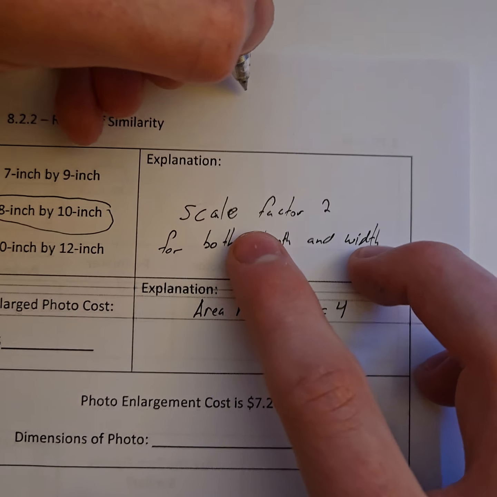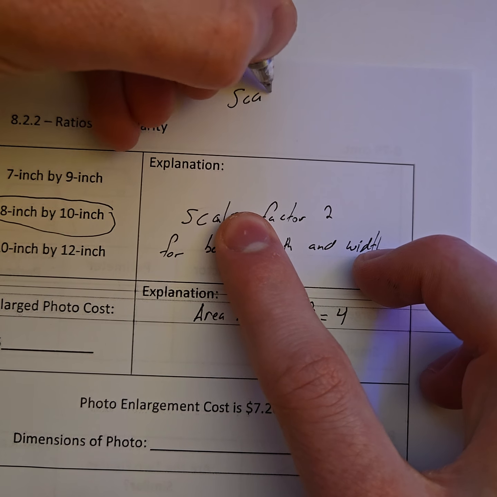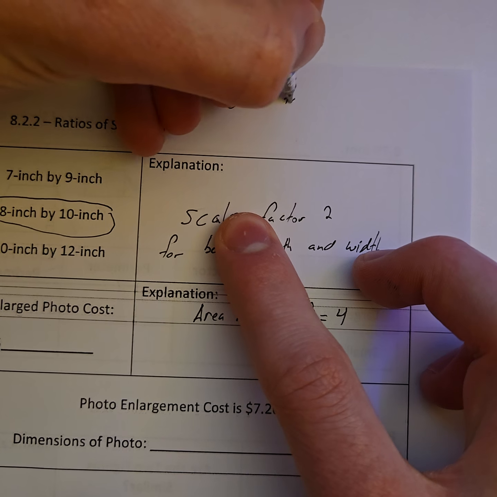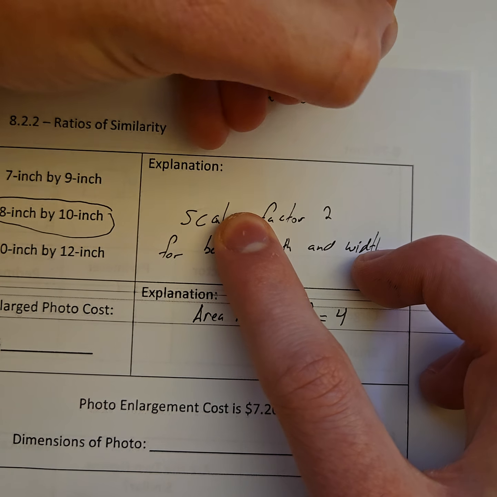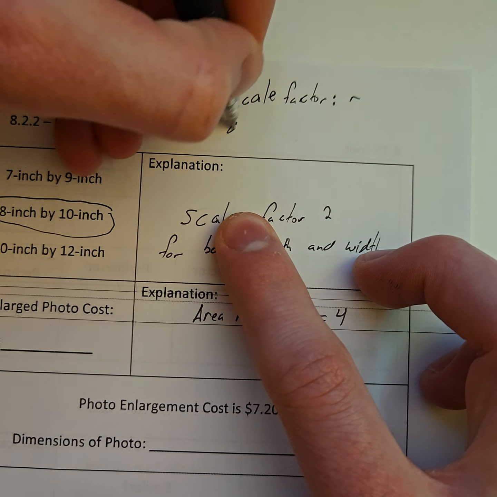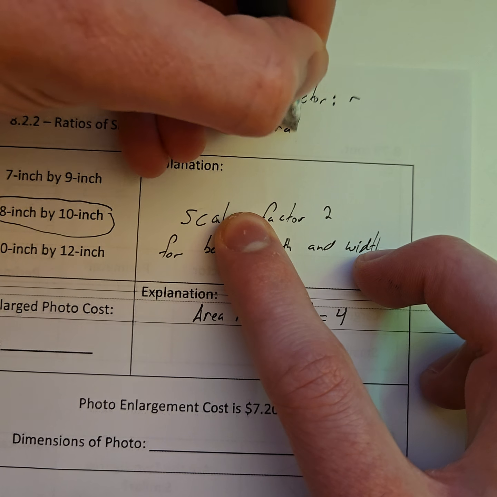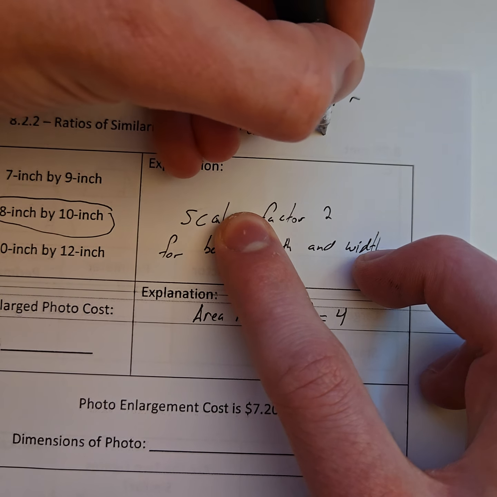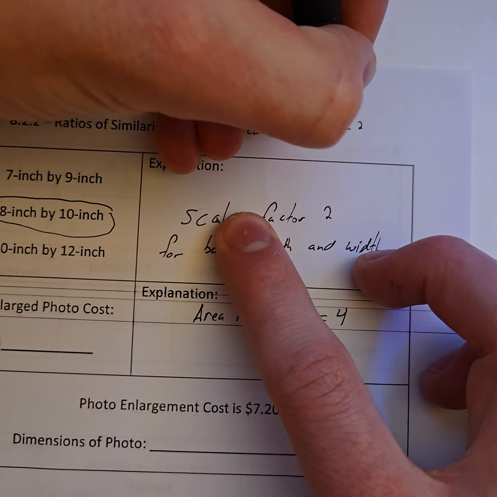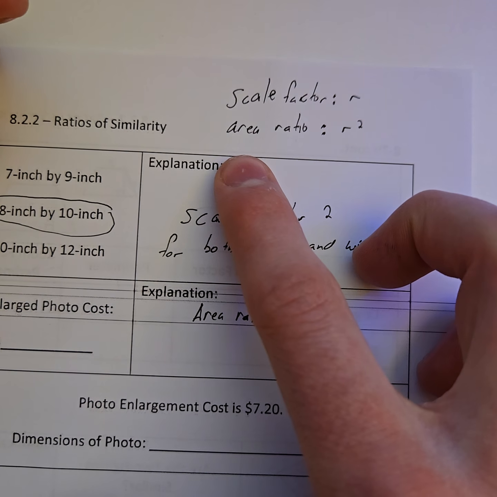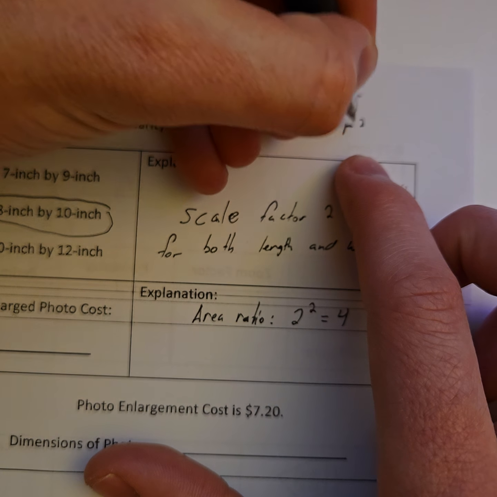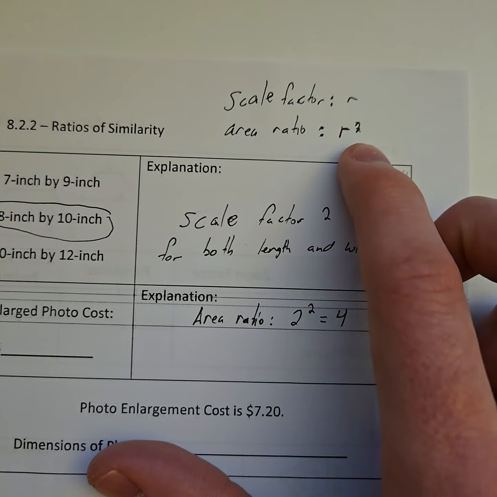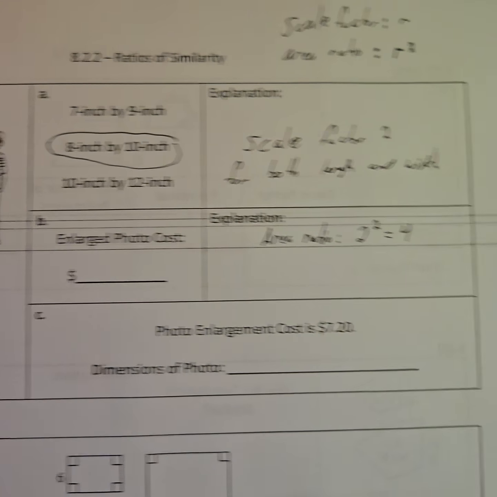So let's write that up at the top of your paper here. Just remember, going from a scale factor, let's say our scale factor is r, then our area ratio would be r squared. Going from one area of the similar shape to another, you have to take your scale factor squared, and that's your ratio.